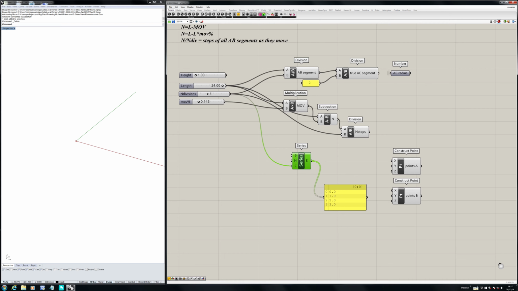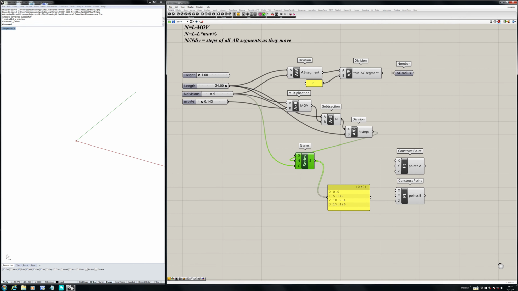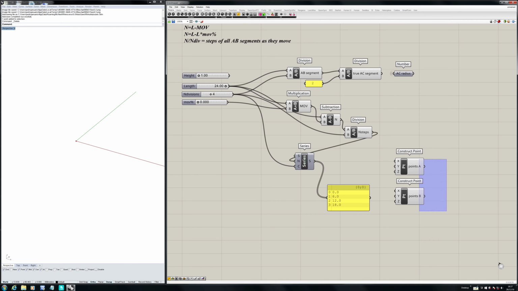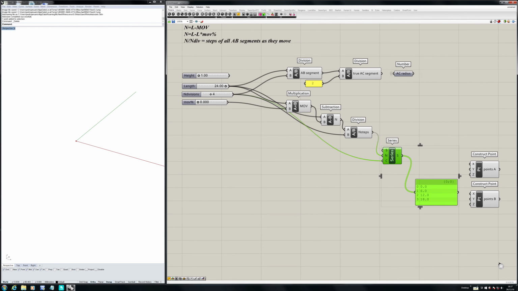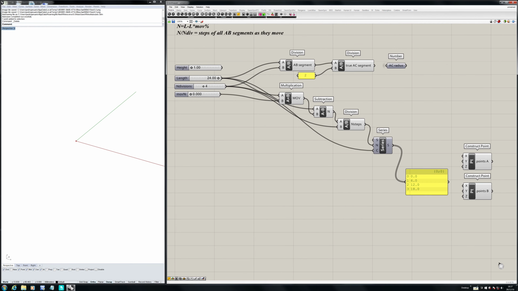Now I just have to specify the steps. Okay, so the steps, if I don't have movement, they are correct. So when my movement is 0, that is when this is totally flat, I have 0, 6, 12, 18, like we saw.